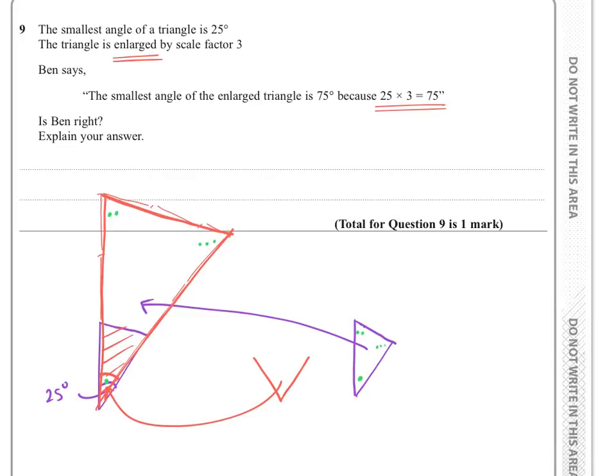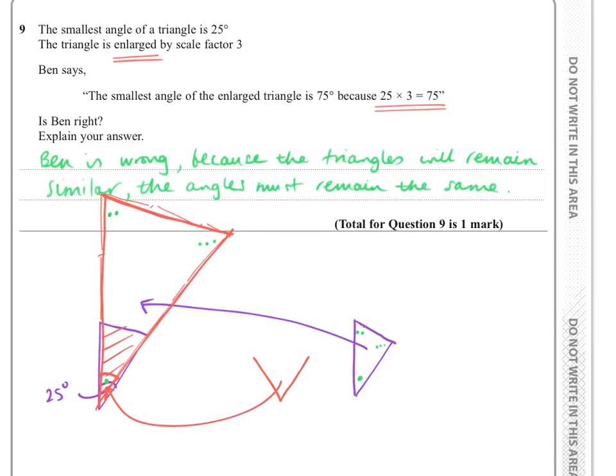Okay, so angles do not enlarge by the same scale factor, and you can write something like this as your answer. So you can write Ben is wrong because the triangles will remain similar, the angles must remain the same. So I'm sure there's other answers that people could write as well, maybe something simple like under enlargement the angles are preserved, but a diagram with a bit of an explanation.